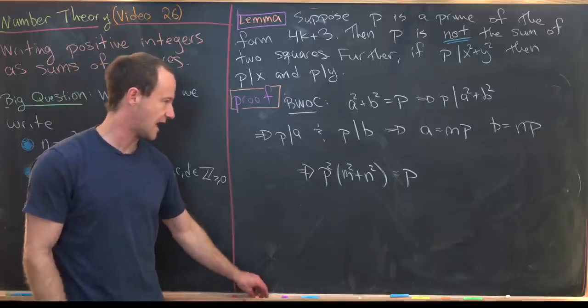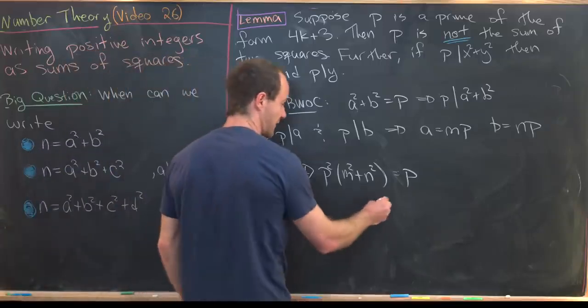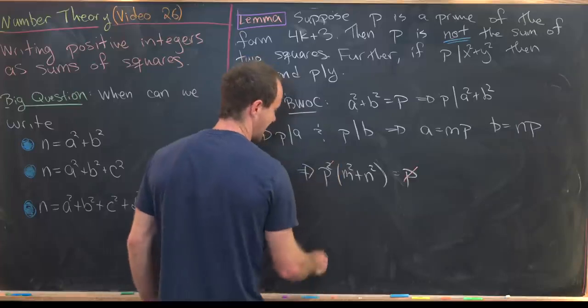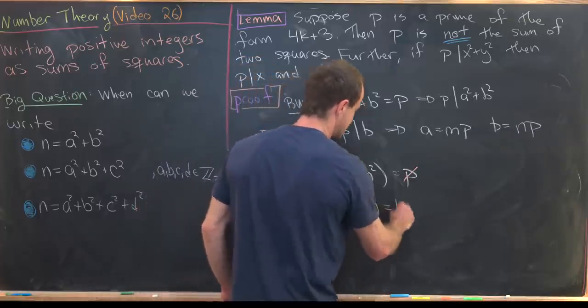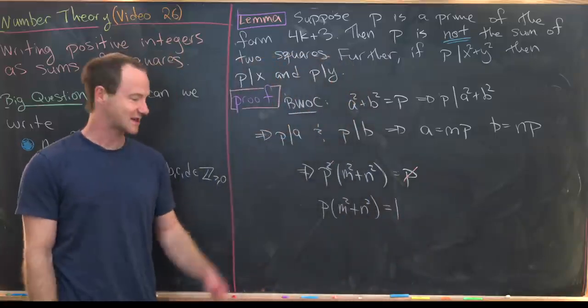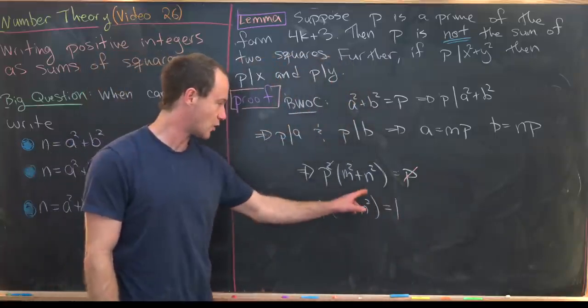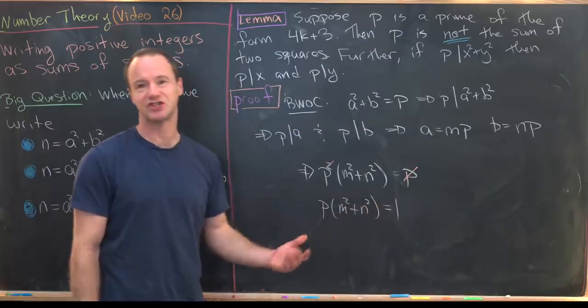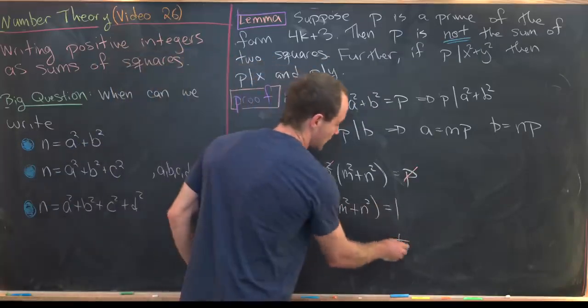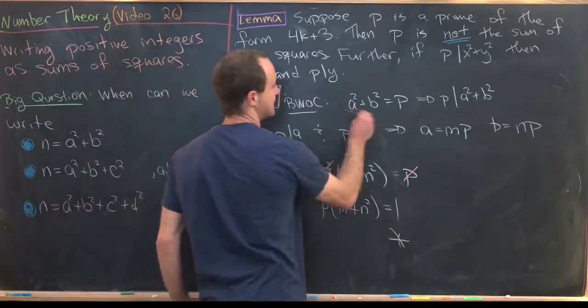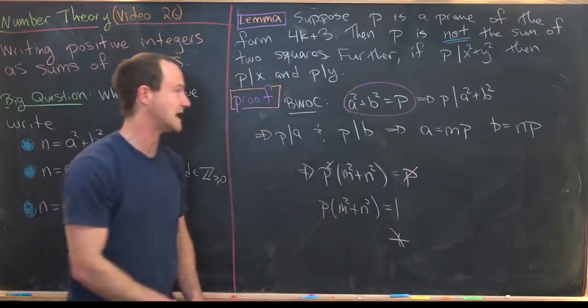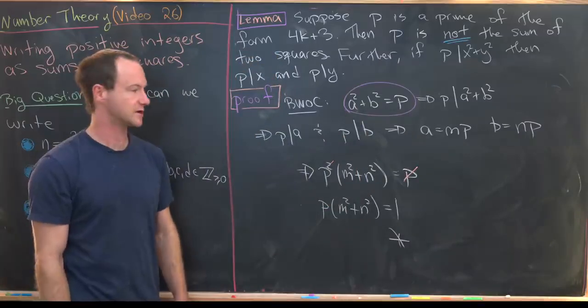Okay, but now we can divide off a p from both sides, and we'll see that we have p times m squared plus n squared is equal to 1. But that's clearly impossible because this over here is a multiple of p, but that's just 1. So we have a contradiction, but what did we contradict? We contradicted this ability to write p as the sum of two squares.